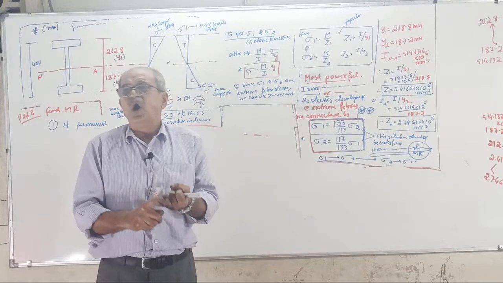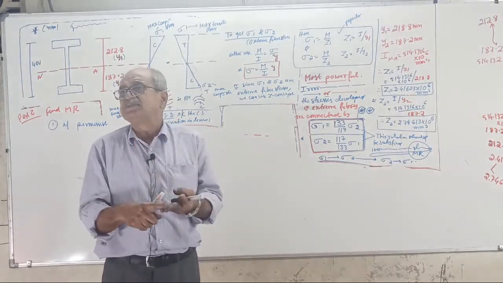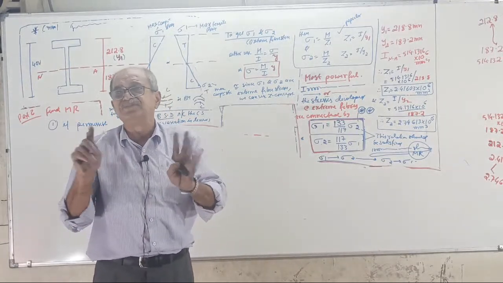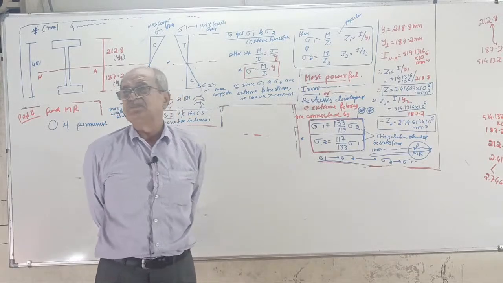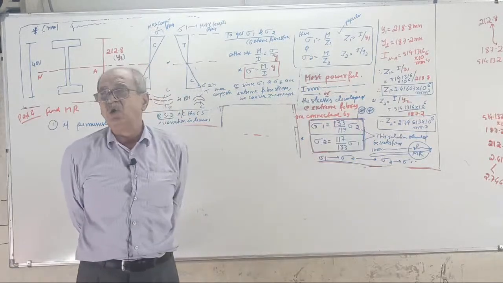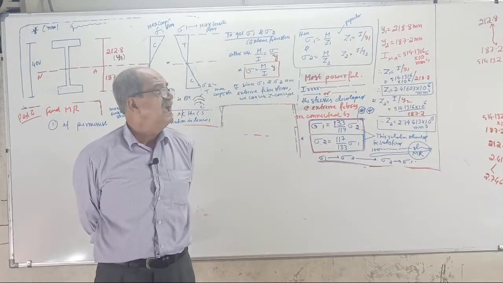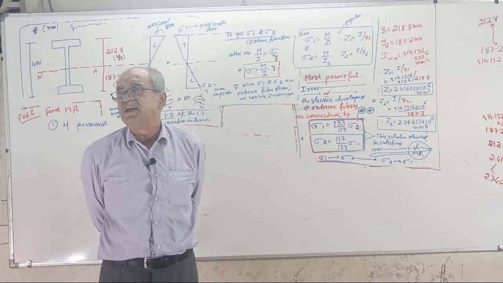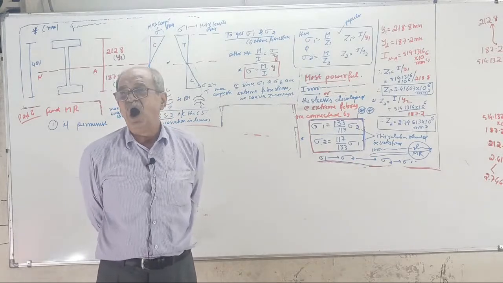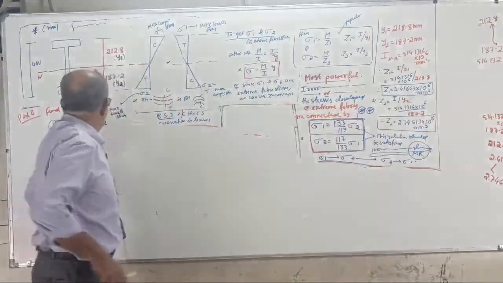Permissible, allowed, not to exceed, limited to, all have the same meaning. Permissible speed 60 kmph, allowed speed 60 kmph, maximum limit for speed 60 kmph, speed should not exceed 60 kmph, all are the same meaning. Okay.